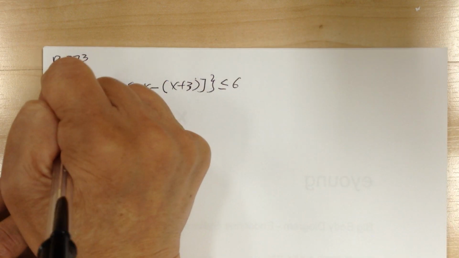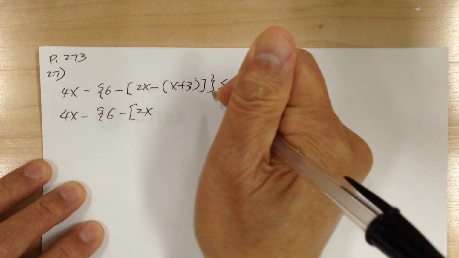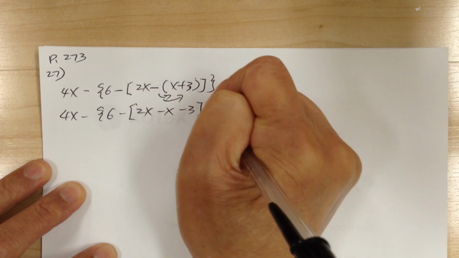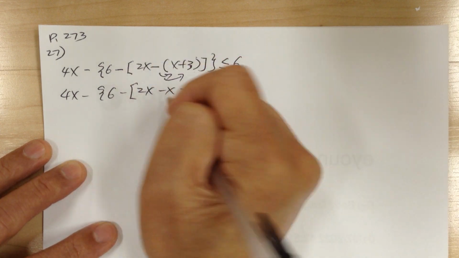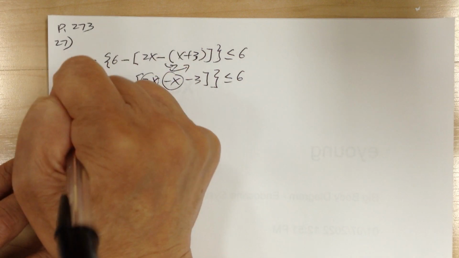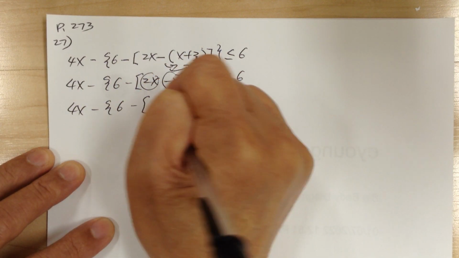Okay, so let's just do one step at a time. So first, get rid of the parentheses, minus x minus 3. And it's going to get kind of messy, so I'm going to combine my like terms as I go, so it's not as bad. So it'd be x minus 3.